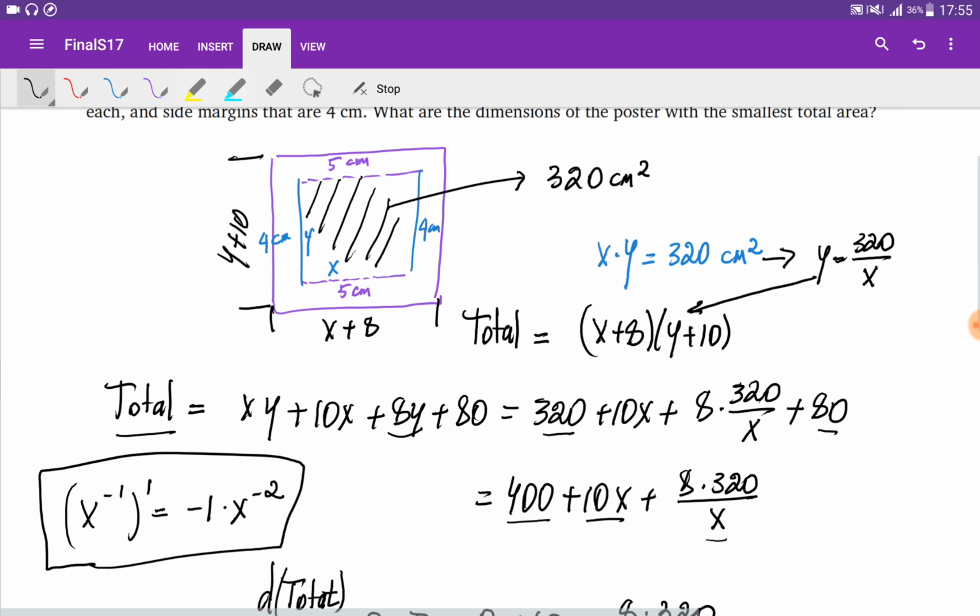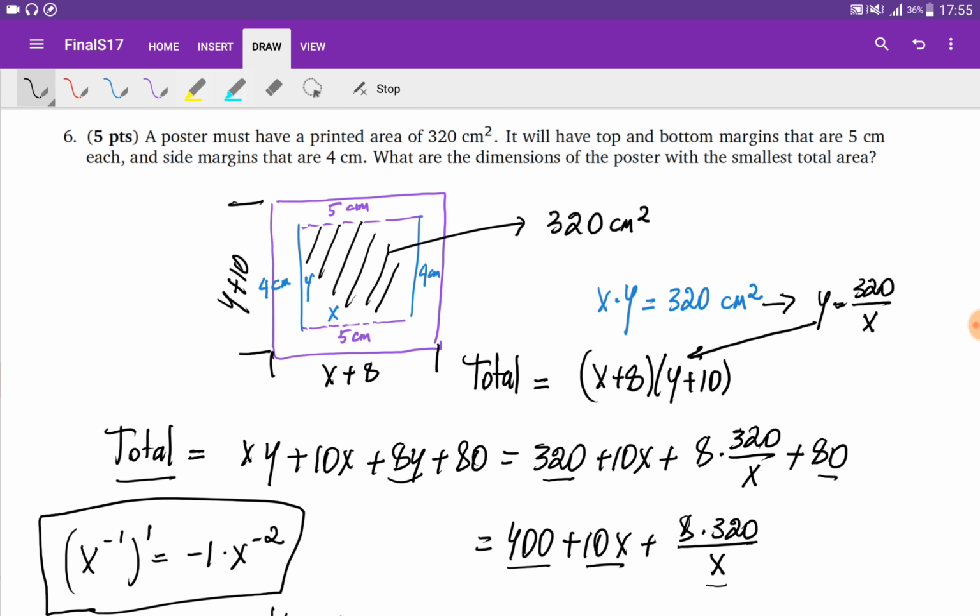So let me find the total area or dimensions of the poster. If I substitute x to be 16, this side is going to be equal to 24. So what was the y? y was equal to 320 divided by x, which is 16, so this is going to be equal to 20.